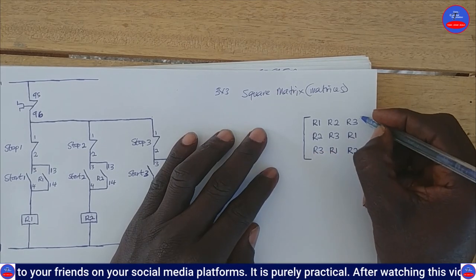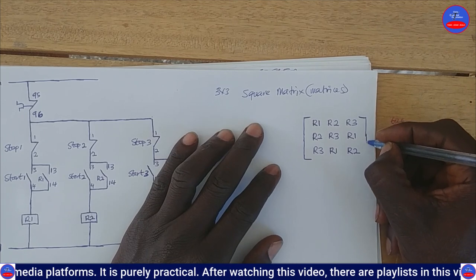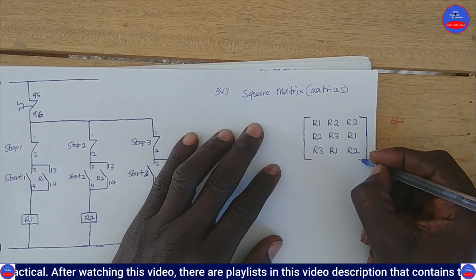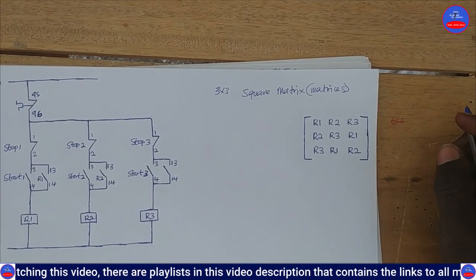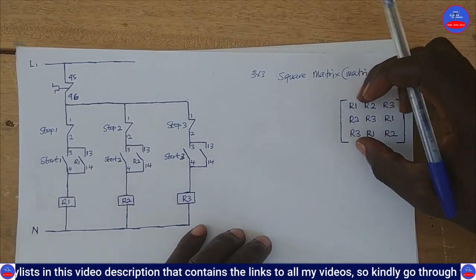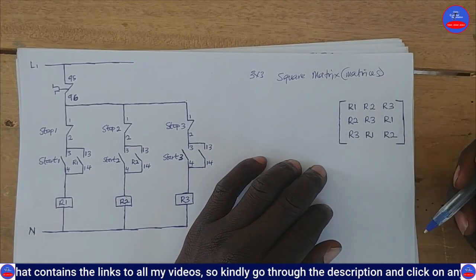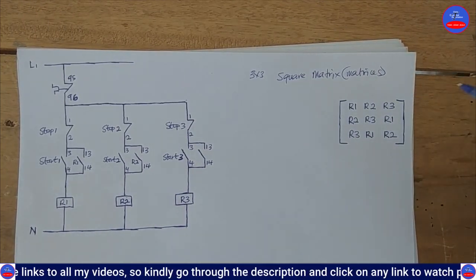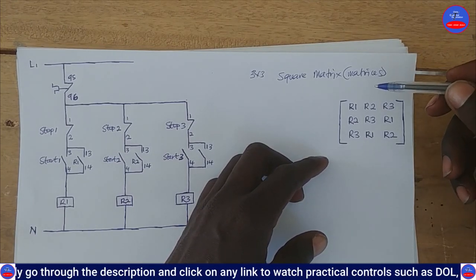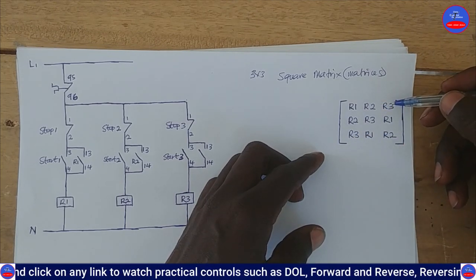So kindly pay attention. All right, so let's see something here. We are going to use this one to design the logics. So let's see the column 1. You have column 1, column 2, and then column 3.